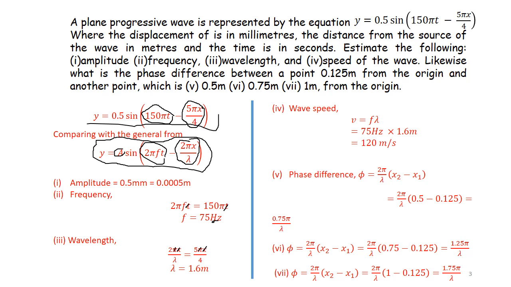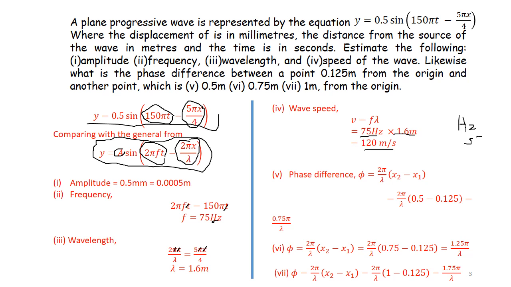So your wave speed is equal to f lambda. So we have 75 hertz times 1.6 meters, and you have 120 meters per second. Remember, hertz means per second. Anywhere you see hertz, it means per second.